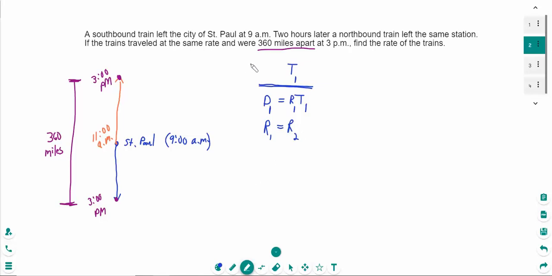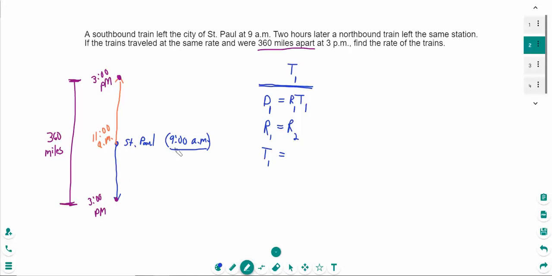Okay. And then, what about time? Time-wise, do we know anything in regard to that? Time of train number 1. Well, let's look at that. So the southbound train, that's train number 1, left St. Paul at 9 a.m. That's our 9 a.m. right here. And we know that it got all the way to this point by 3 p.m. So how many hours was it traveling? Well, now we need to do a little bit of time math here.